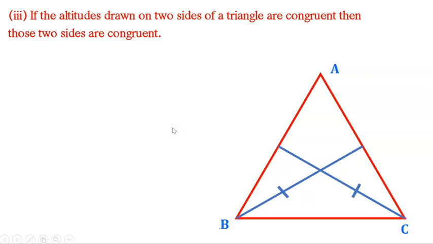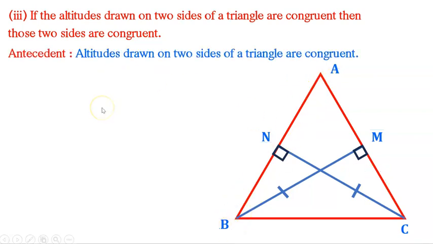These two altitudes are congruent. They are 90. It means the first altitude is BM on the side AC, the second altitude is CN on the side AB. Then these two sides must be congruent. That is, AB is congruent to AC, given that the altitudes BM and CN are congruent. Then segment AB is congruent to segment AC.